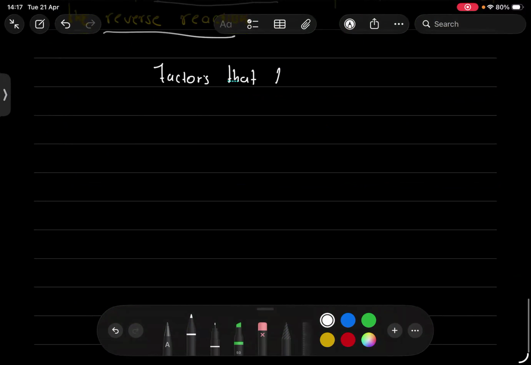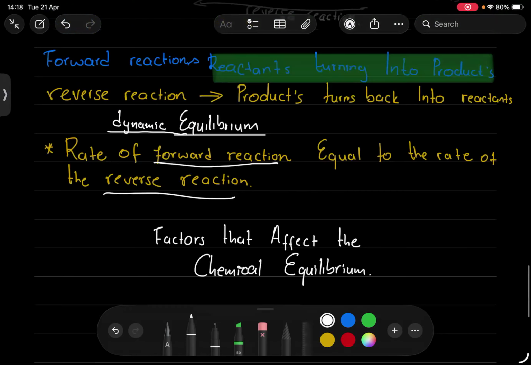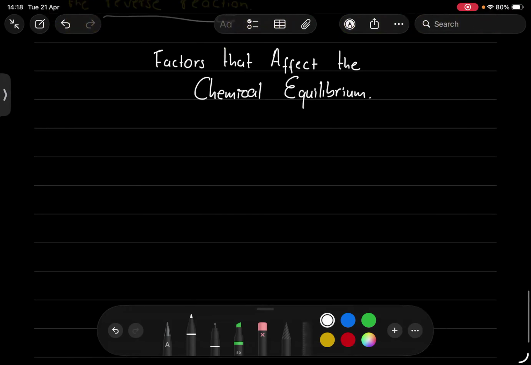And now I want us to talk about the factors that affect the chemical equilibrium. Number one, we have to know how the concentration affects the chemical equilibrium, guys.